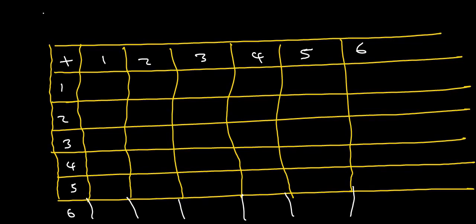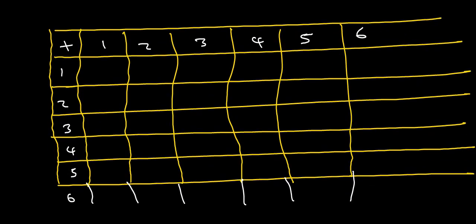So this is what we're having. When we toss a die this side, one of these faces can turn up, right? Same applies here. This is the second toss, and this is the first toss.